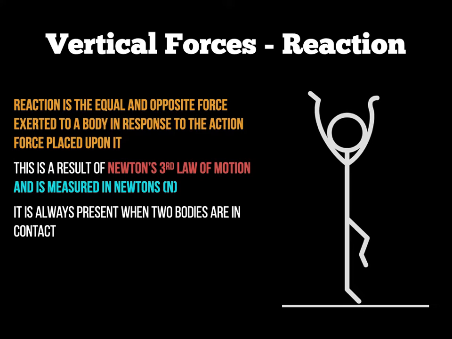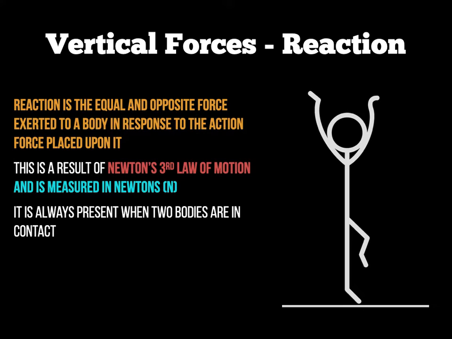So again, looking at my stickman diagram of someone who is jumping upwards, reaction is always opposite to weight in terms of the way you draw it. However, reaction is always drawn from the point of contact of the object to the floor, or the person to the floor.